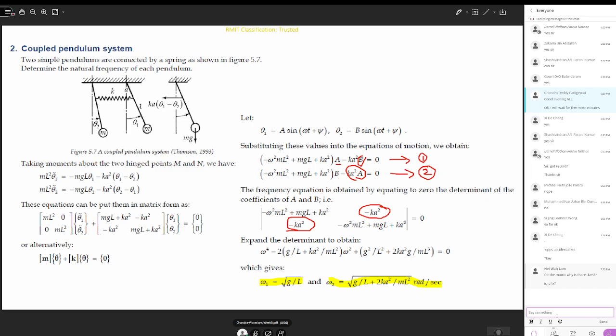To find the solutions for non-equilibrium conditions, you need to take out A and B and just take the determinant of the coefficients. It is minus K square in this case, because our equations of motion have this term negative K square. It is not fixed; it depends on the arrangement of the system.